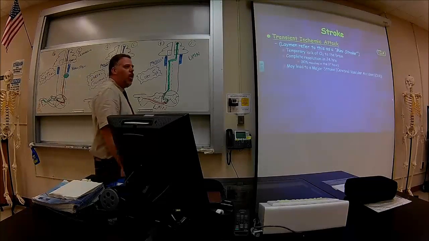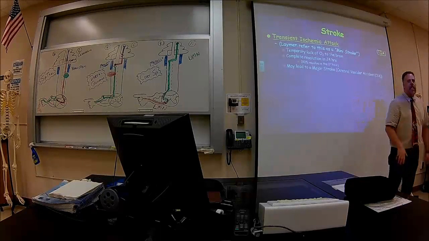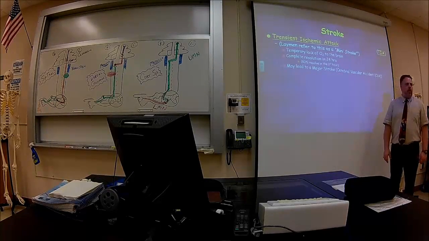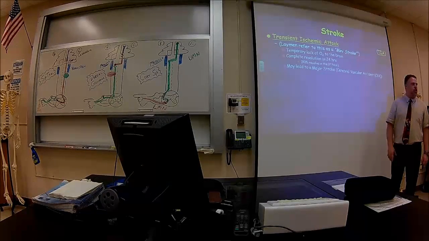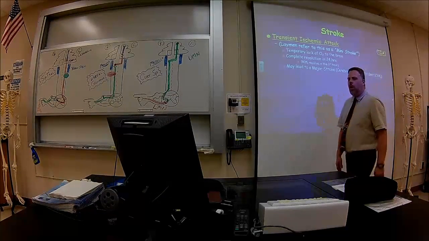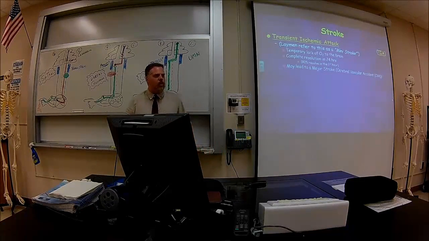Okay, a stroke. Well, this is not a stroke. A transient ischemic attack, a TIA. Laymen call it a mini stroke. In the medical realm, you wouldn't call it a mini stroke. You would call it a TIA. All it means is that you get a temporary lack of oxygen to a certain part of your brain, but it has to resolve within 24 hours for it to be considered a TIA.